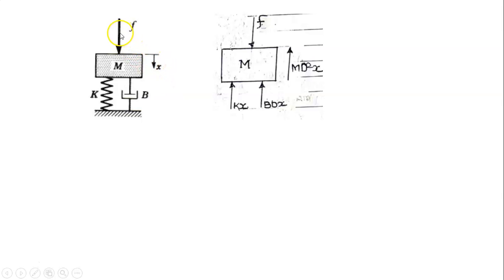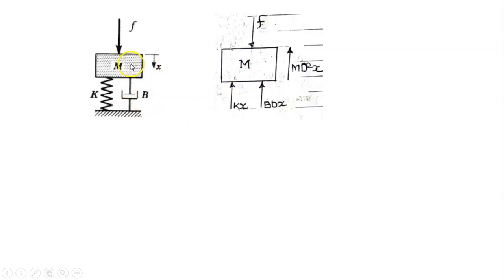Now because this external force f is acting in downward direction, spring is getting compressed. Therefore spring force kx will act in upward direction. Similarly this damper is getting compressed. Therefore damping force is nothing but bdx. bdx will also act in upward direction.